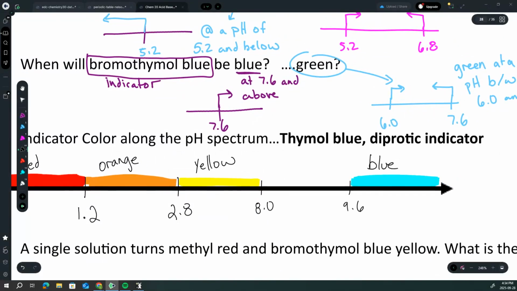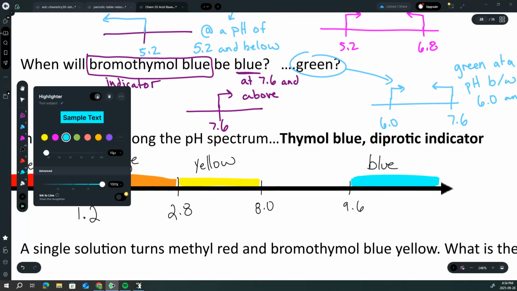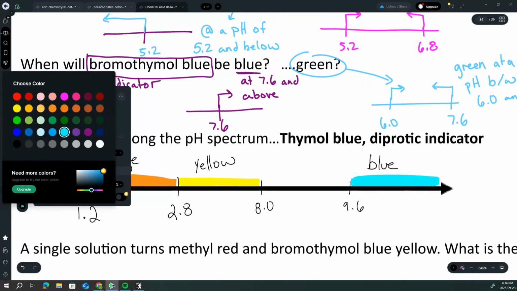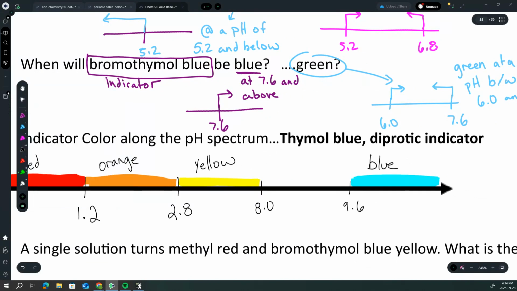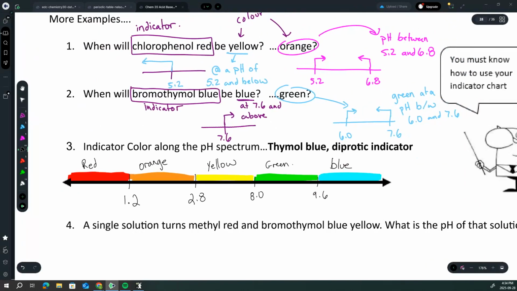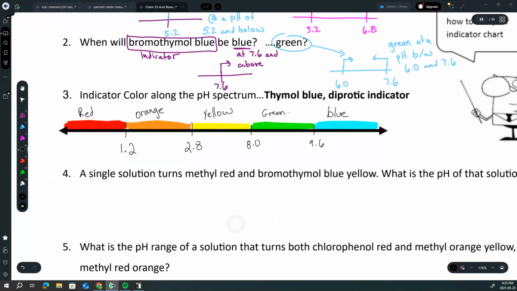And then between 8 and 9.6 is going to be the in-between color between yellow and blue, which is going to be green. And there you have it.